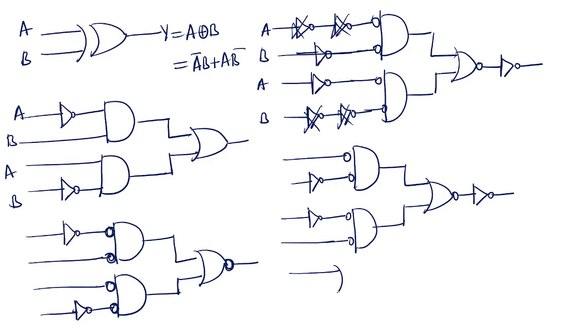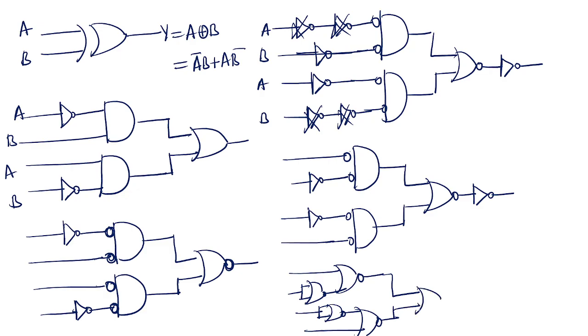Okay, so this is one NOR gate and one more NOR gate here, one more NOR gate, and here also one more NOR gate, and this is given to one more NOR gate. The output is given to one more NOR gate, and next this is given to one more NOR gate.